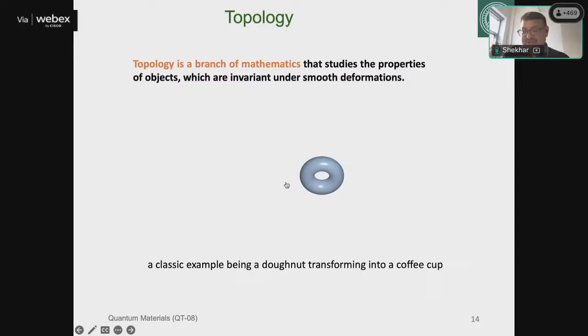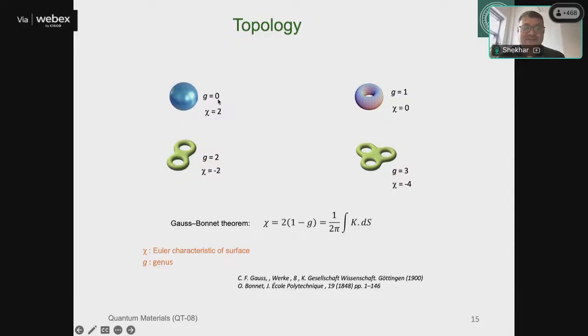That is really so when you go deeper. When you apply the Gauss-Bonnet theorem to calculate a surface integral for different objects, this is called the Euler characteristic, and g is called the genus. Genus means the number of holes inside the object. By calculating the surface integral, we can calculate how many holes are inside.